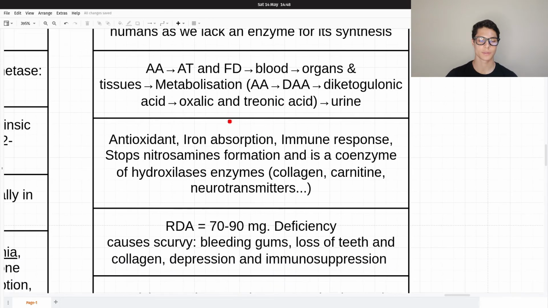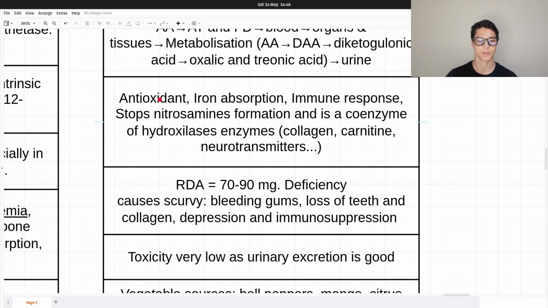The functions of vitamin C, primarily antioxidant, we all know that. It's important also in iron absorption, immune response. It stops nitrosamine formation from nitrates, and is a coenzyme of hydroxylase enzyme for collagen, carnitine, and neurotransmitters.